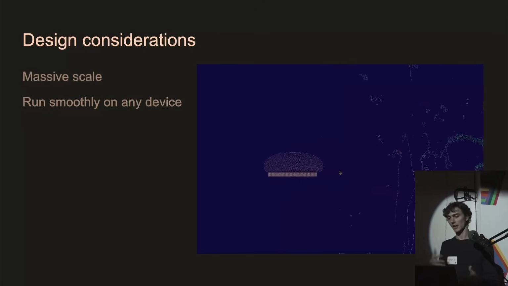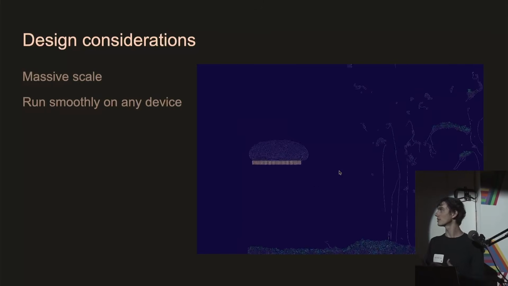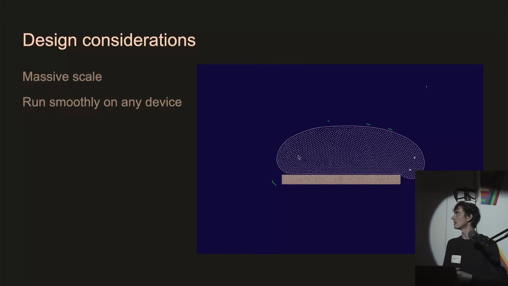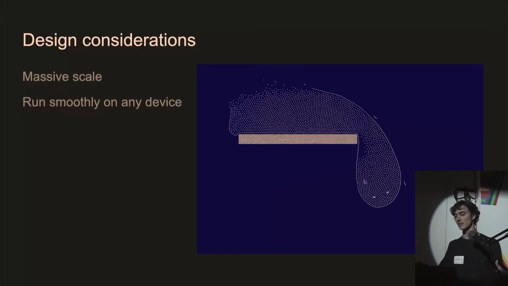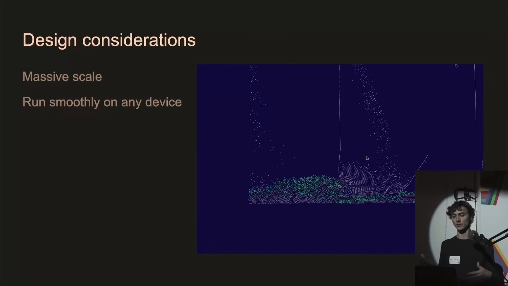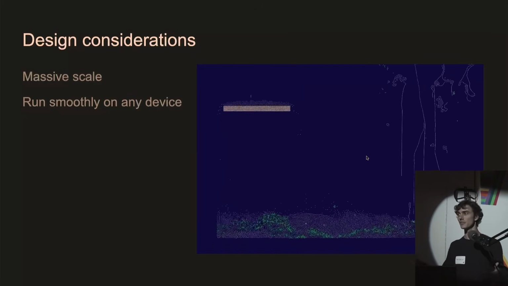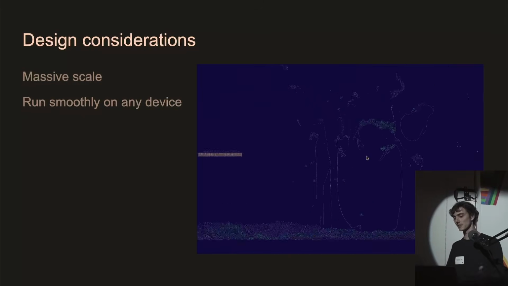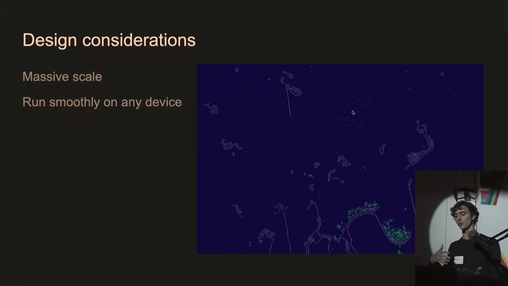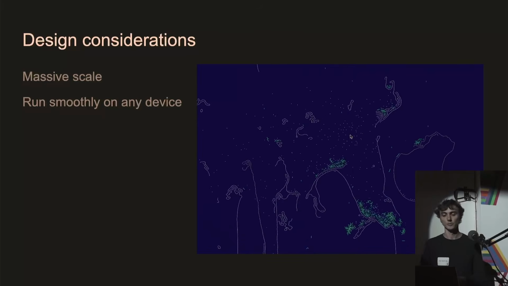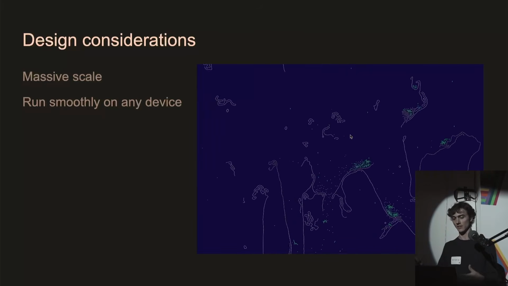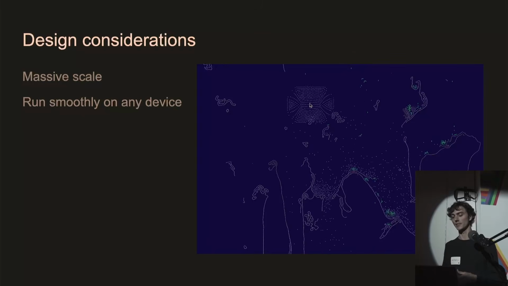So some of the design considerations for something that would fit that bill: running at a massive scale is good, because you can either parallelize between multiple games happening simultaneously, or you can have everything exist in the same world. Basically, to do machine learning, you need a lot more experience, and it has to happen much more quickly than how a human would learn. You don't just see something a couple times.